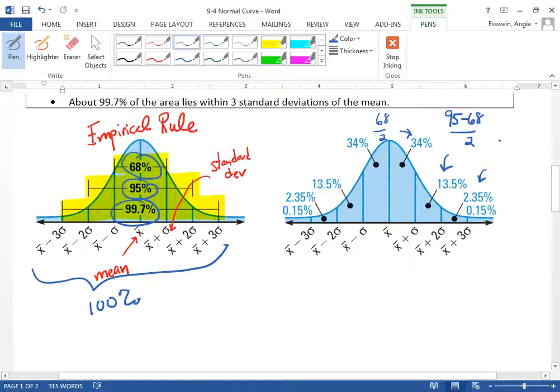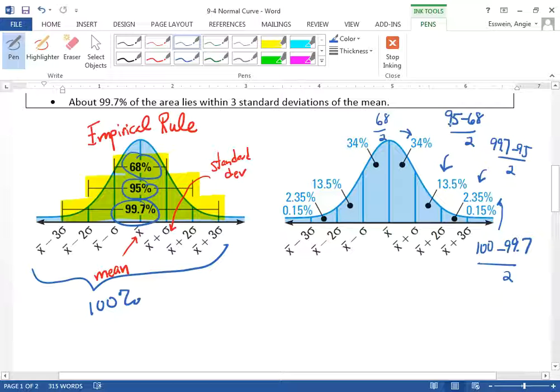It's kind of the same idea. You would take the 99.7 and subtract the 95 and divide by 2. And that's going to give you this 2.35. And then to get this last one, you would take 100 minus 99.7 over 2. So you're always building out the layers. And you could answer any question if you have it all broken down like this.